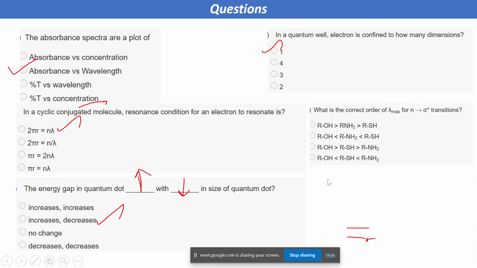Now just tell me the answer for the second question, the lambda max for n to sigma star transitions.